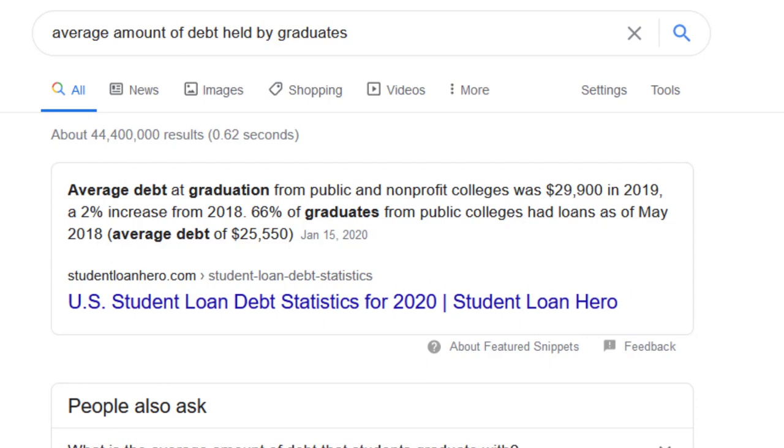I'm just interested in the number. Average debt at graduation from public and nonprofit colleges was about $30,000 in 2019. Does that mean that every student who has debt has $29,900? Or does it mean if you take all the debt owed by all the graduates and spread it evenly over all of them, you get $29,900?